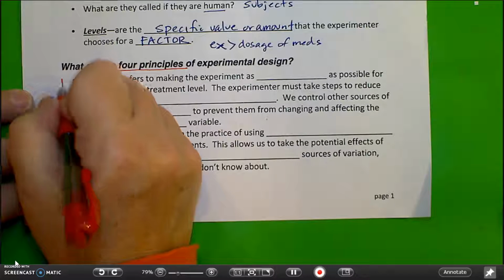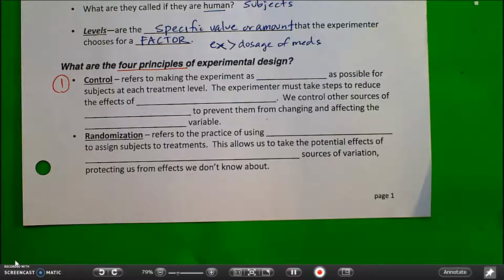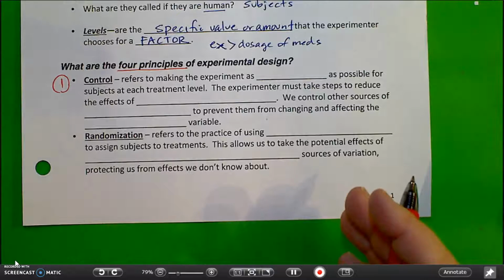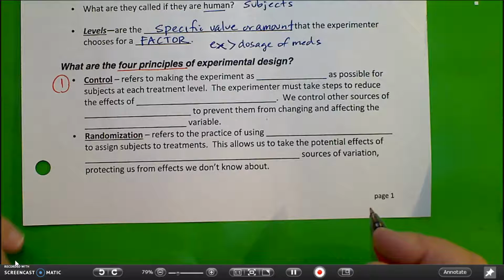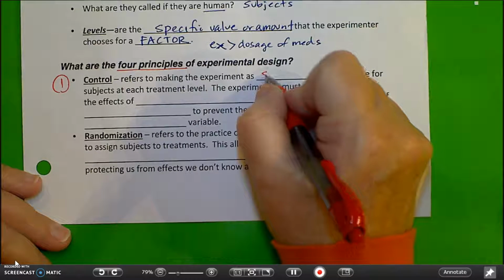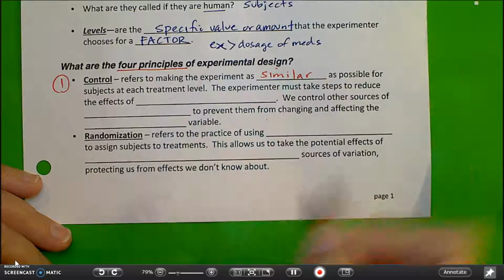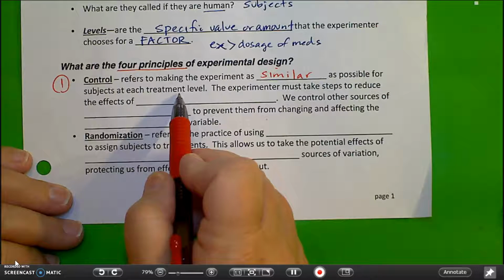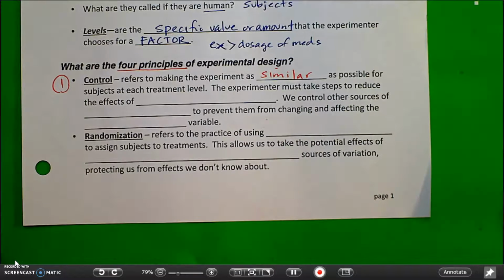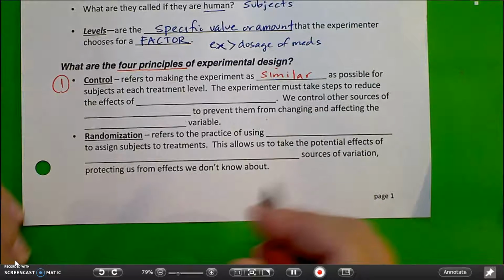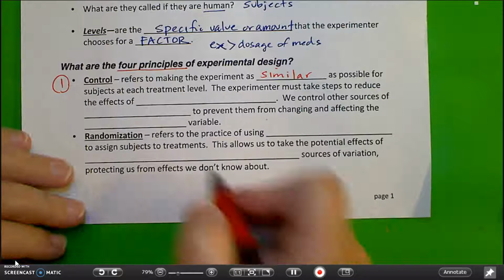The first one is control. Control refers to making the experiment basically the same for everybody, except treatment. Treatment is going to vary by person, but you want the experiment itself to be the same for everybody. So we want to make this experiment as similar as possible for subjects at each treatment level. We have to take steps that will reduce the effects of outside factors, or extraneous variables.